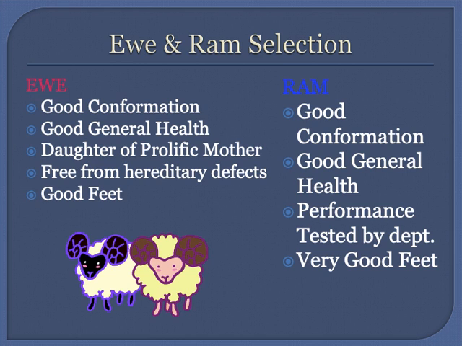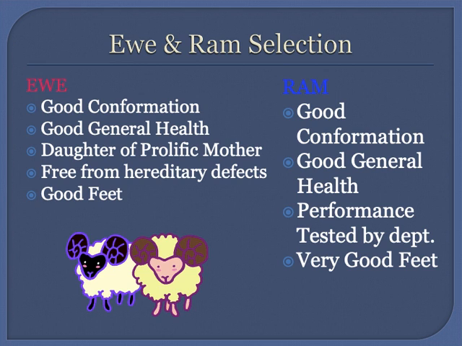So if you're selecting a ewe, you're looking at good conformation, needs to look like she's in good general health. What do I mean by good general health? Well, you'd be looking at the mouth there. Is the jaw aligned well? That there's no protrusion? Are the teeth good? Because that's likely to be passed on if they're not.